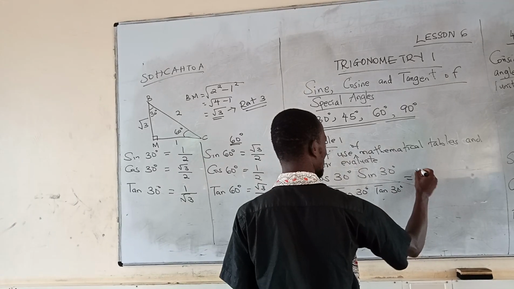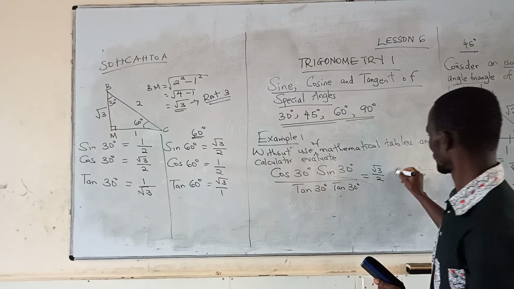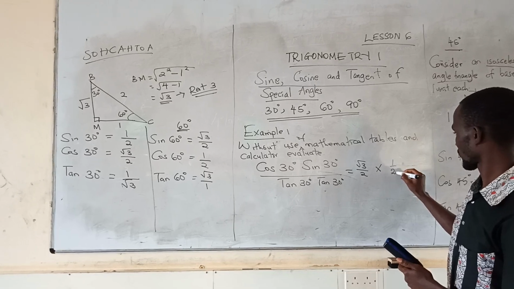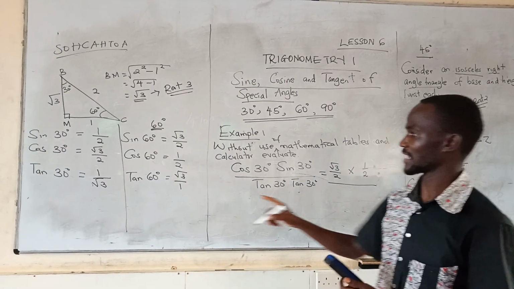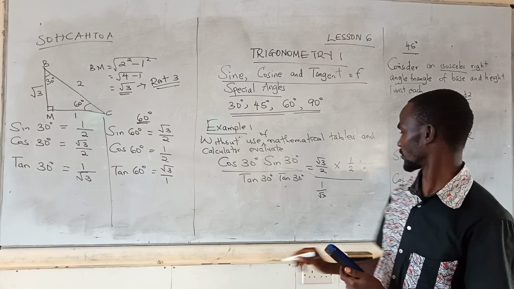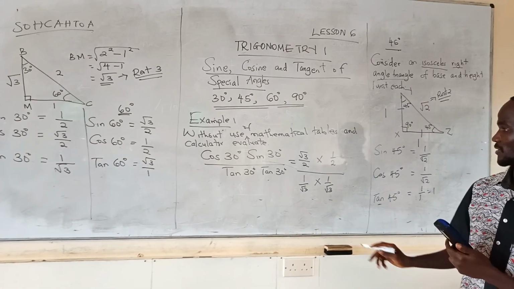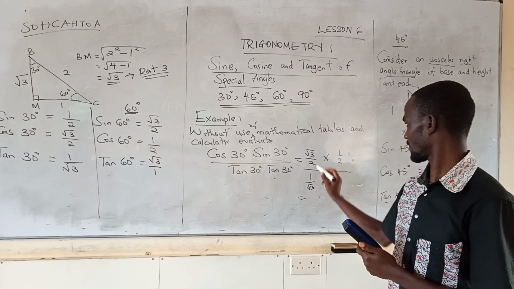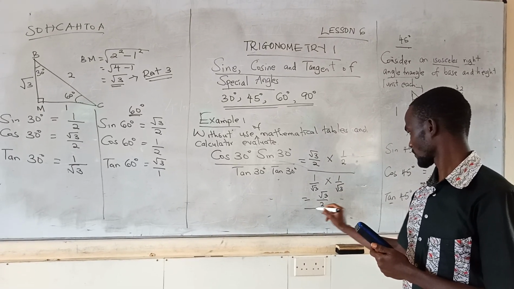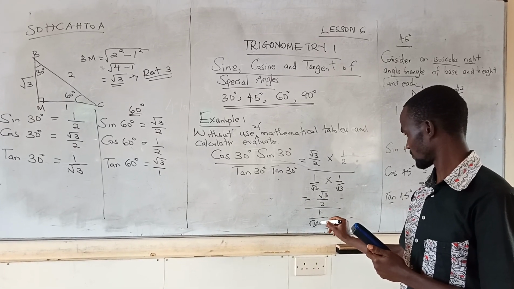So you make a replacement: root 3 over 2, then sine 30 degrees we have a half, divided by tan 30 degrees, 1 over root 3, times 1 over root 3. So basically, we'll have root 3 over 2 times a half, divided by 1 over root 3 times 1 over root 3.